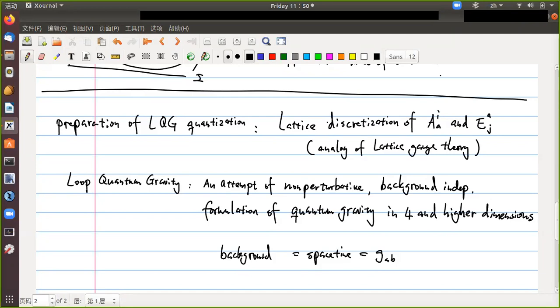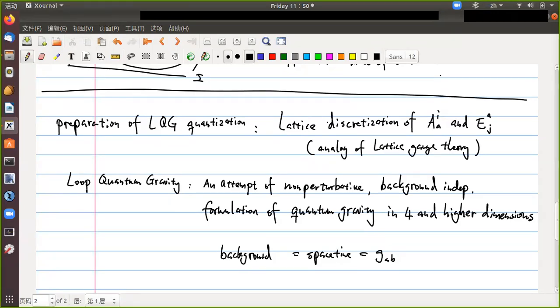These singularities always exist in strong gravitational fields, which means it's a strongly coupled regime for gravity. You can't really do perturbative expansions in terms of G Newton, right? Because over there gravity is very strong. So that's the reason why we have to study non-perturbative quantum gravity and also background independent quantum gravity.